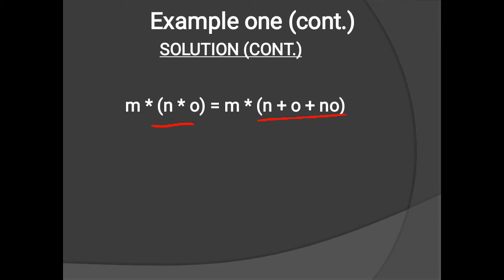See, we can't add O to N, neither can we add NO to O or N. So the whole of this N plus O plus NO becomes our second one. You see, the M is the first now here. So M becomes our first one, and the whole of this becomes our second one. So we solve with the whole of that.